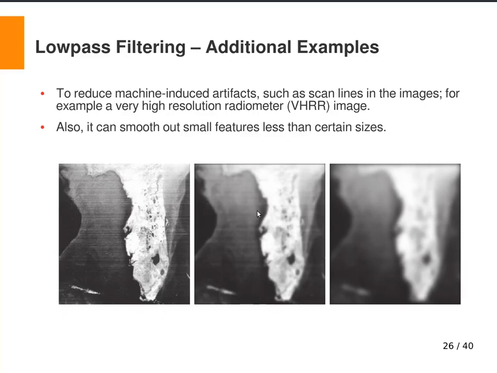If we apply smoothing, we can reduce the effect of these horizontal scan lines. Also, low pass smoothing is capable of smoothing out the small features that are less than a certain size, which is decided by the value of the cutoff frequency.